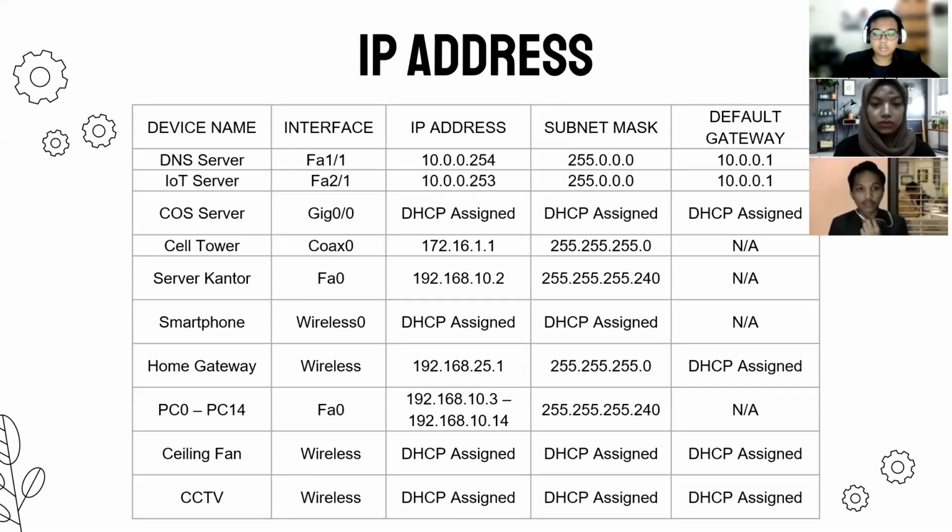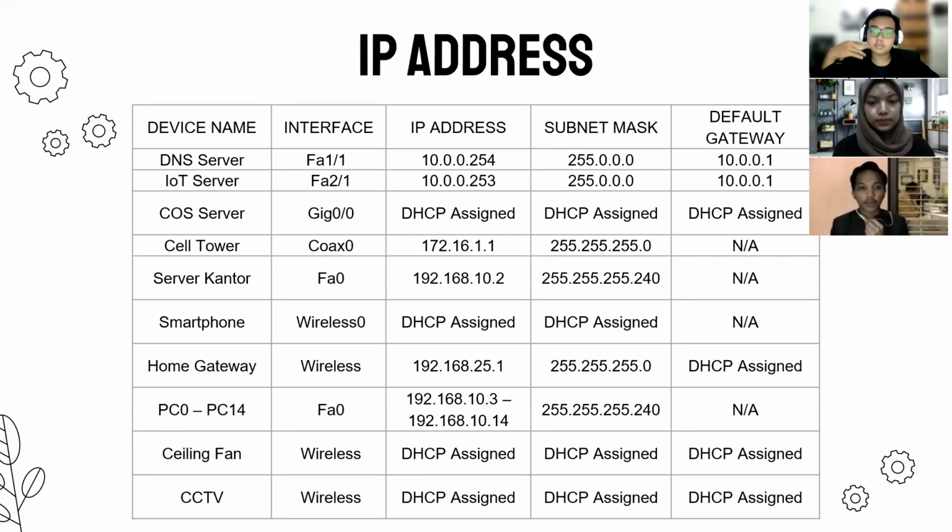And we have the central office server using interface port Gigabit Ethernet. The IP address, subnet mask, and default gateway are dynamically assigned. The cell tower uses a coaxial interface port, IP address 172.16.1.1, and subnet mask 255.255.255.0, with no default gateway.